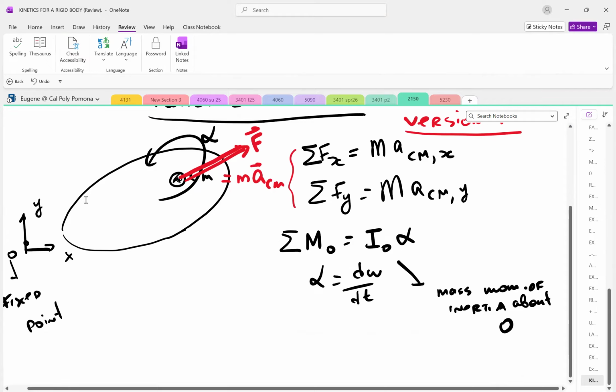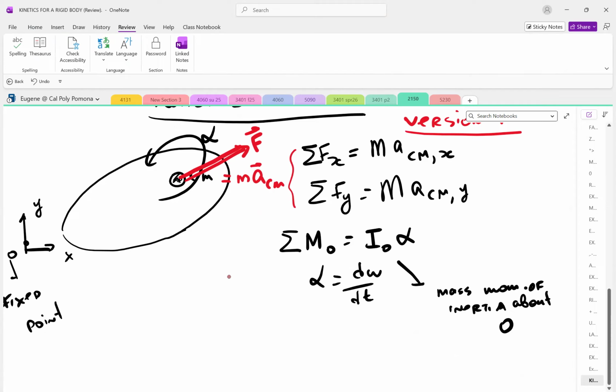We had some examples of figuring out the mass moment of inertia, right? We did it for a disk, for a rod. Just a reminder that I think Appendix D in your book has mass moments of inertia and CGs, centroids.